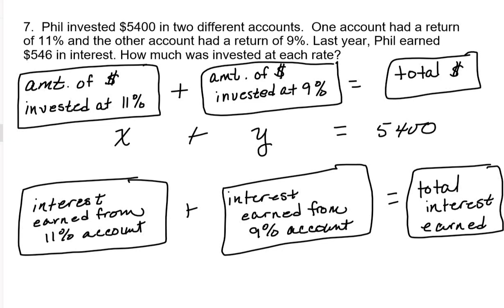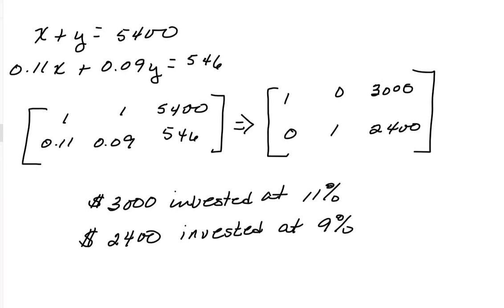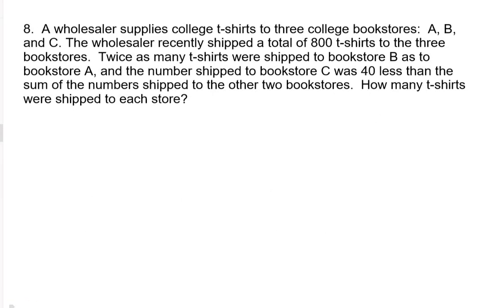The interest earned from the 11% account is going to be 11% times X. The amount earned from the second account is going to be 0.09 times Y. And I know that the total amount of interest earned is $546. So those are my 2 equations, so I can set up my matrix and solve. Okay, so we end up with $3,000 that was invested at 11% interest and $2,400 that was invested at 9% interest.